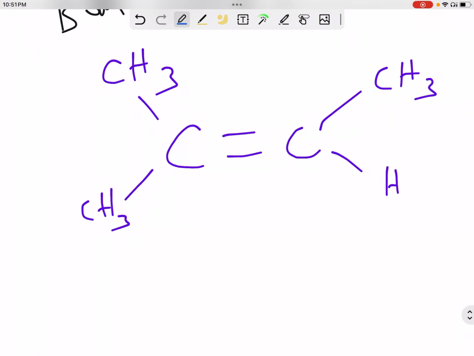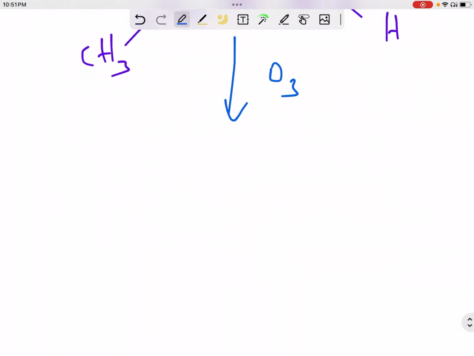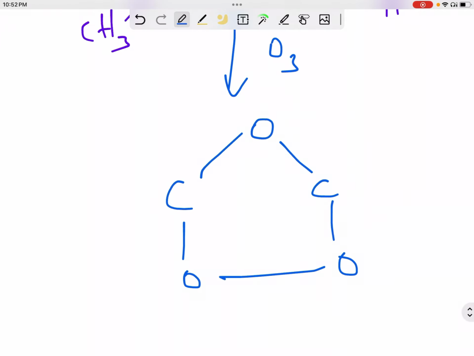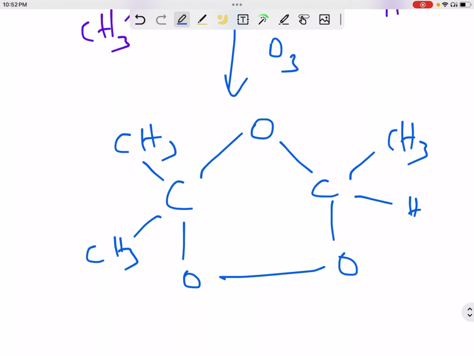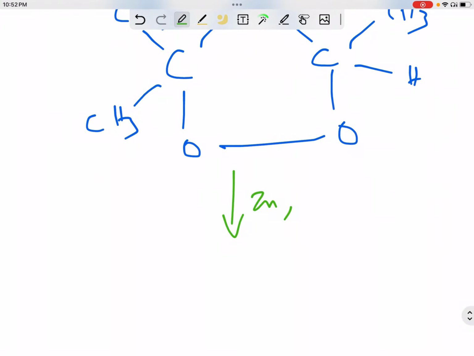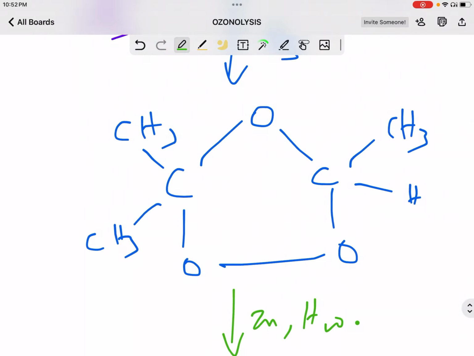This substitution on ozonolysis will give you the ozonoid of this format, where you have two methyls on this side and one methyl and one hydrogen over there, which on further reaction with Zn and water breaks the bond over here.